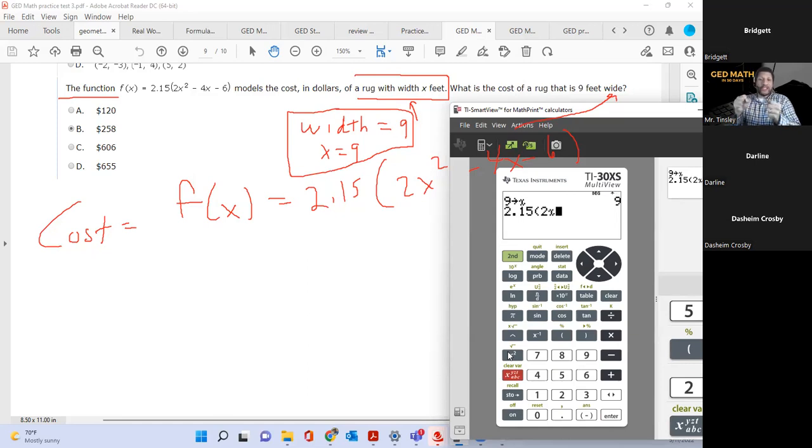We have already stored x as 9, so it's going to come up automatically. So, squared, minus 4x minus 6, and don't forget to close your parentheses. All we did was identify what x is, store it in our calculator, and then plug in the expression exactly the way you see it. Now we're going to press enter and get your answer.